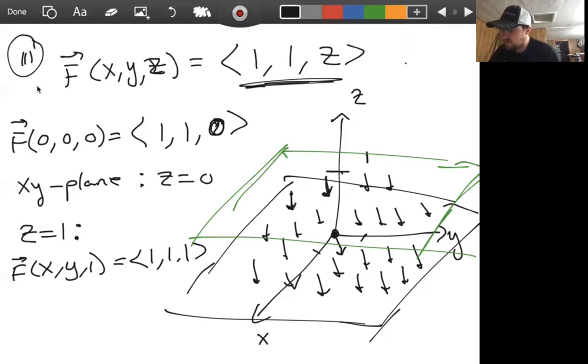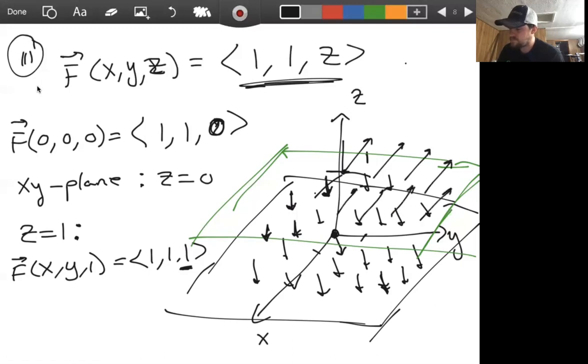The projection to planes parallel to the xy plane will look just like they do in the xy plane, but now they're raised 1 unit. So vectors on this, we go out 1 unit, over 1 unit, and up 1 unit. And so vectors will look like this, right? They'll actually be going up 1 unit as well as over and out.